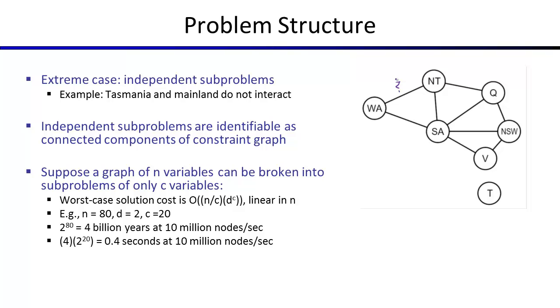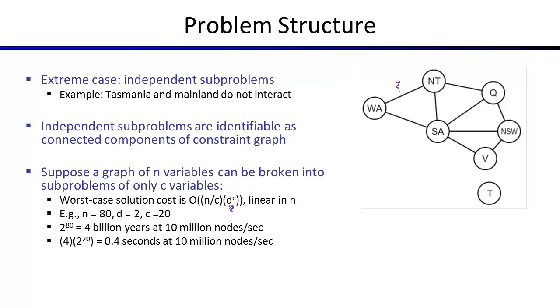And this is super powerful. So for example, let's do some back of the envelope. Let's say you had n variables, and instead of having to solve a whole CSP of size n, which as far as we know is of cost d to the n, now we're going to solve a bunch of subproblems of size c. So how long does it take to solve a single subproblem of size c? Well, d to the c, right? It's still exponential in the size of the problem.